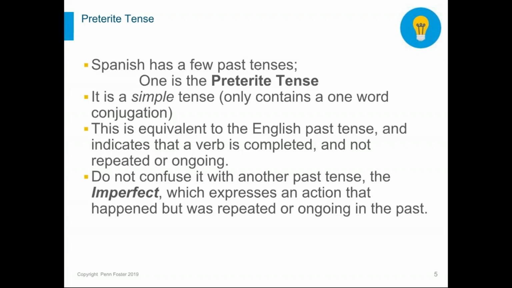Both of these tenses, focusing strictly on preterite for today's discussion, are simple tenses, which means their conjugations individually are made up of only one word. And you'll see that as we go through the upcoming slides and discussion today.